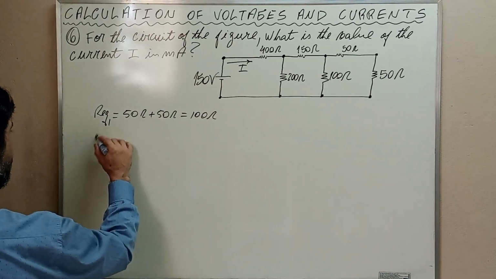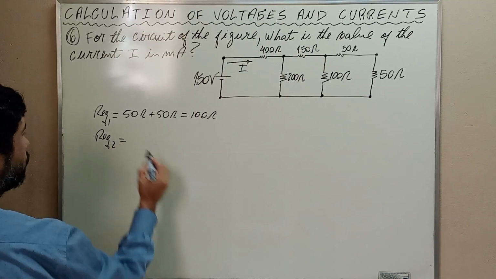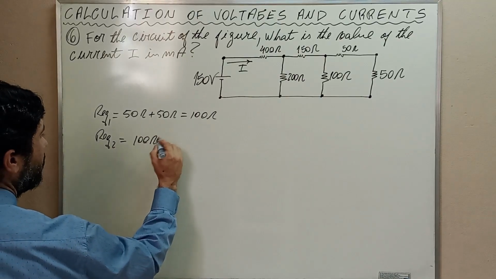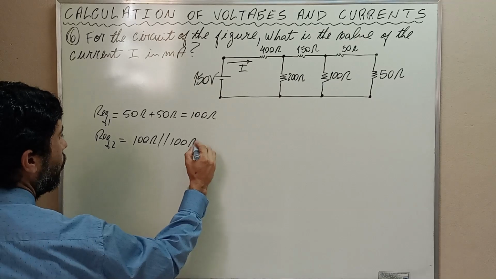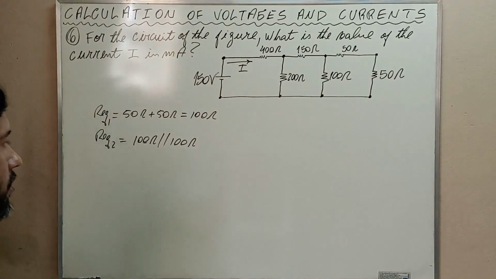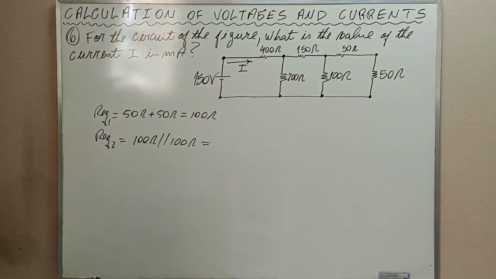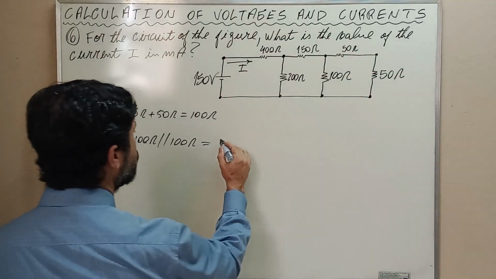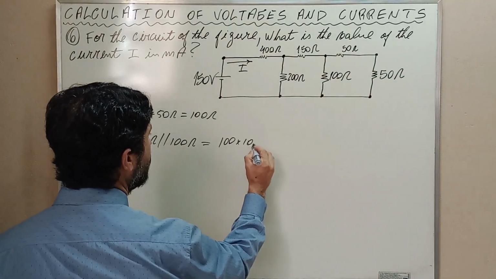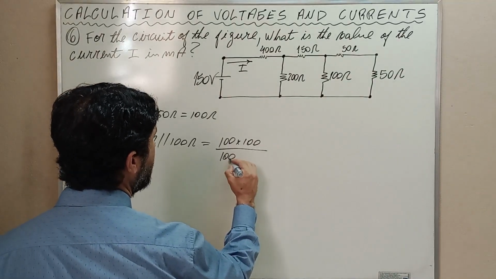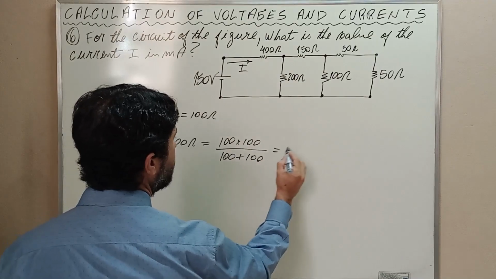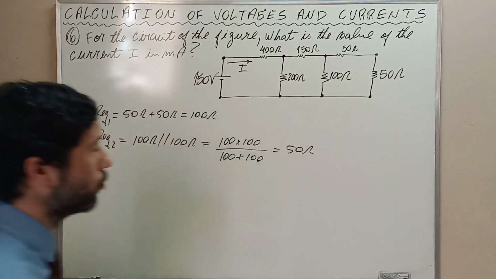Equivalent resistance number 2 is the parallel combination between two 100 ohms resistances, and the rule of thumb that we use is the product over the sum. Therefore, it is 100 times 100 divided by 100 plus 100, and this is equal to 50 ohms.